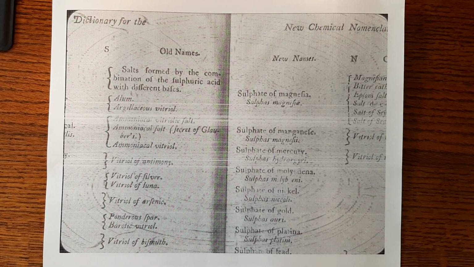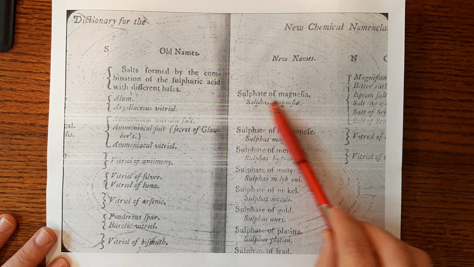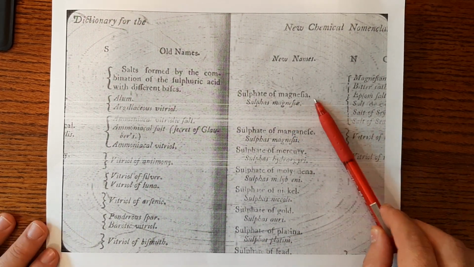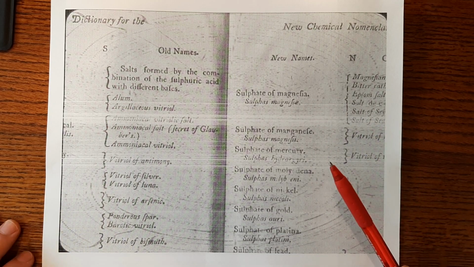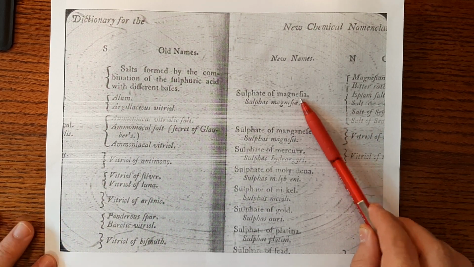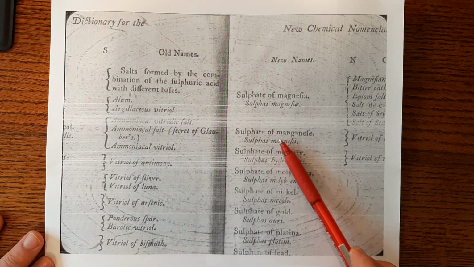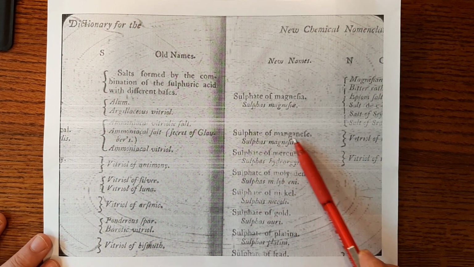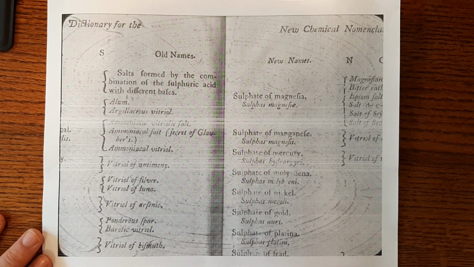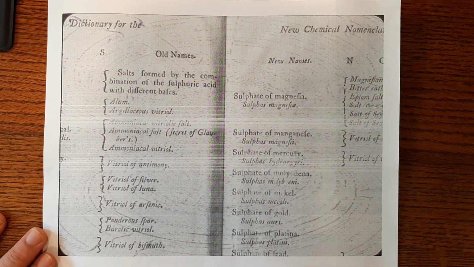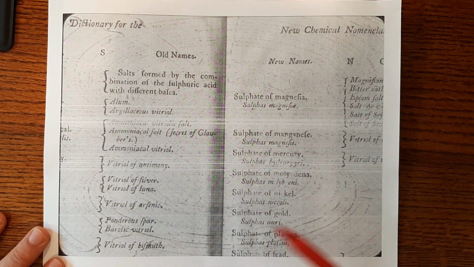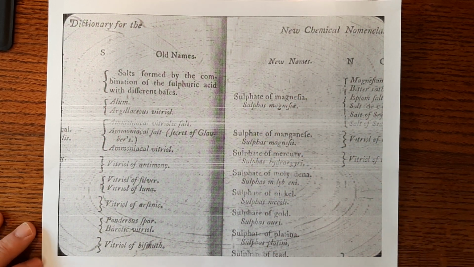He said, let's change the names. Let's call this sulfate of magnesia, which is magnesium sulfate, or sulfate of manganese, which would be manganese sulfate today, and so on and so forth. Let's say they're all sulfates of some metal.